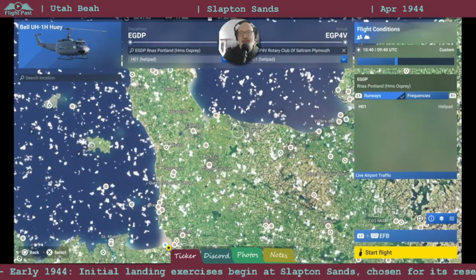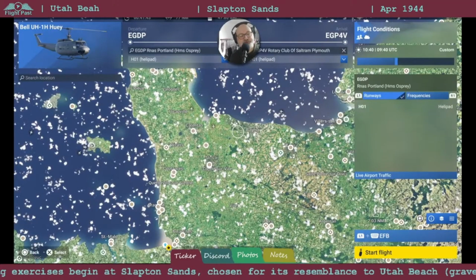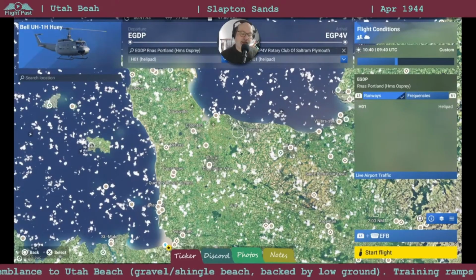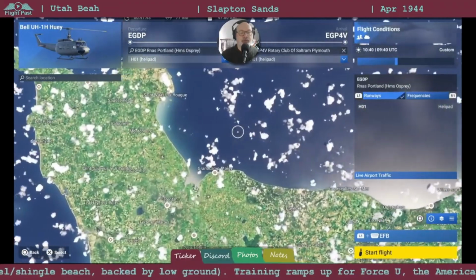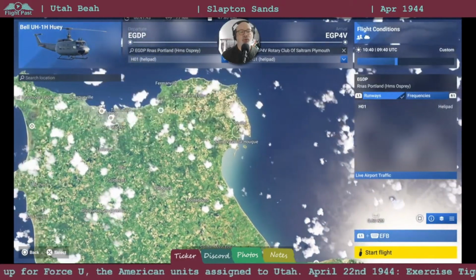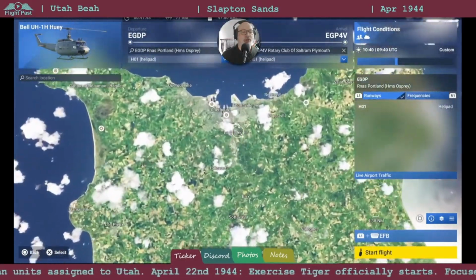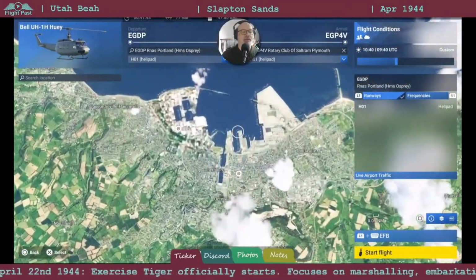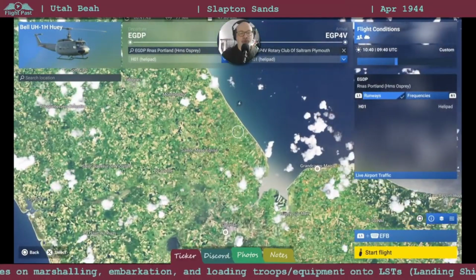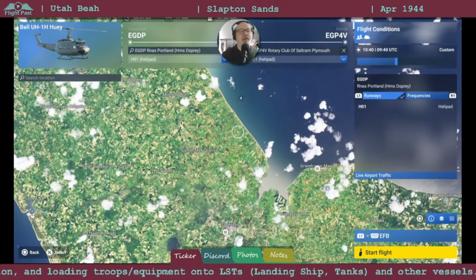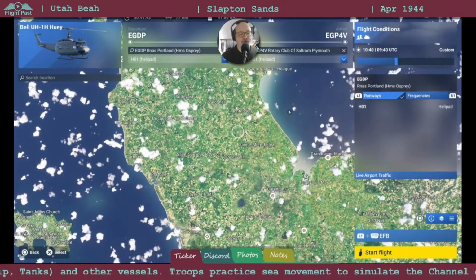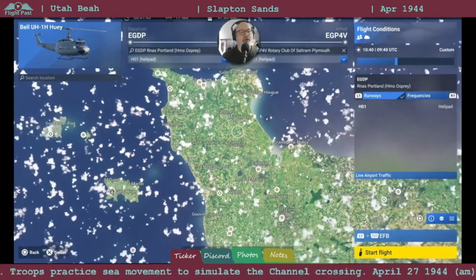But they wanted to expand it, and they expanded it by adding Utah Beach and Omaha Beach. This is all because they needed to capture this port here, Cherbourg, which is a deep water port. So with the addition of Utah Beach, the plan was to cut off the peninsula and deny the Germans the ability to reinforce Cherbourg.